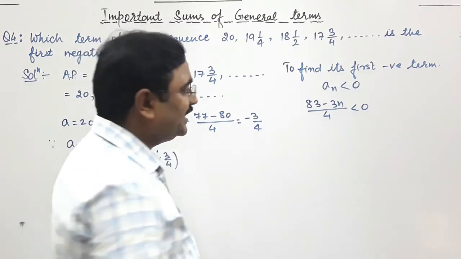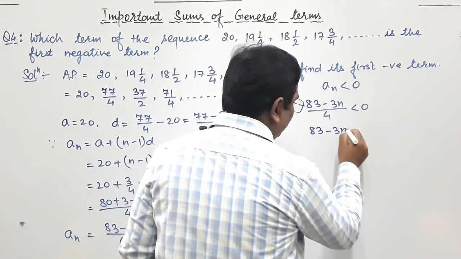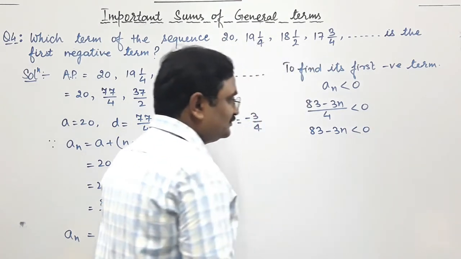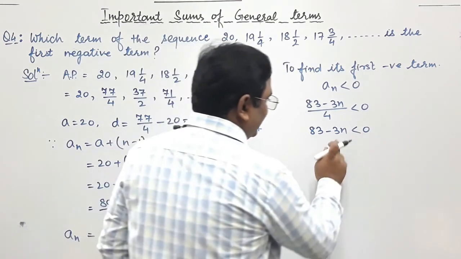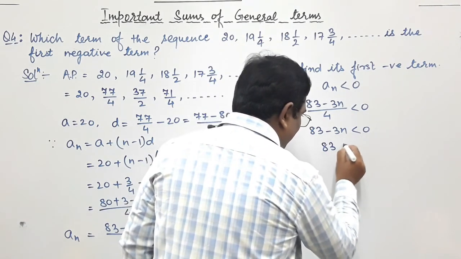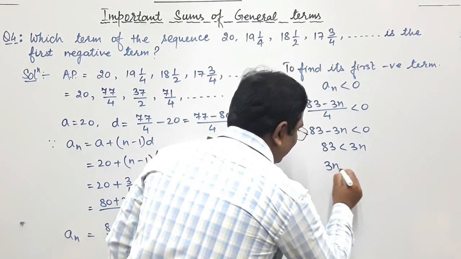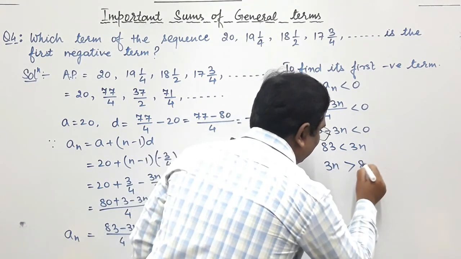When you cross multiply you will get 83 minus 3n is less than 0. Now take this 3n to that side, you will get 83 is less than 3n. Therefore 3n is greater than 83.